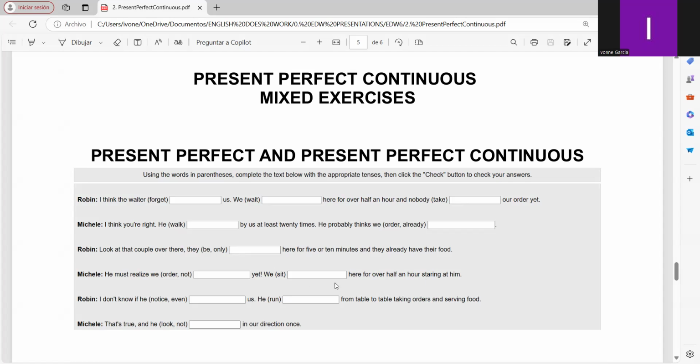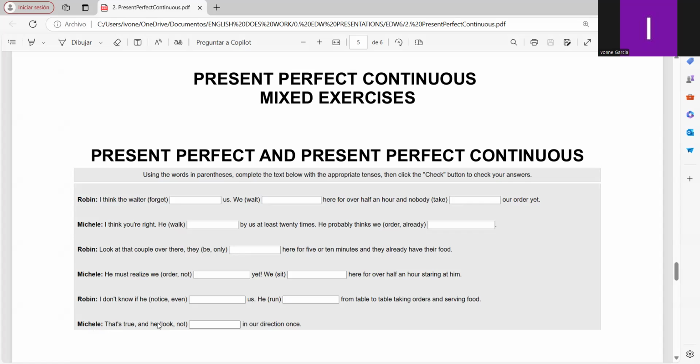Present perfect continuous. Robin says, I don't know if he, present perfect, has even noticed us. He, present perfect continuous. Again, he has been running from table to table, taking orders and serving food. Michelle says that's true.